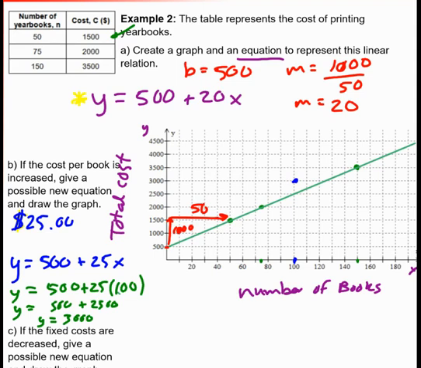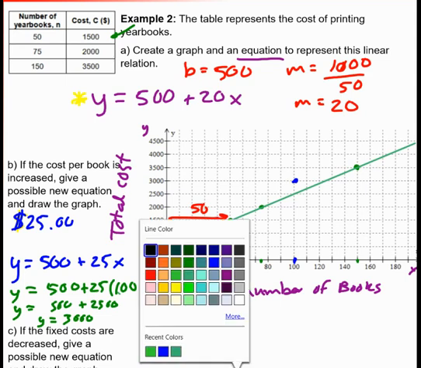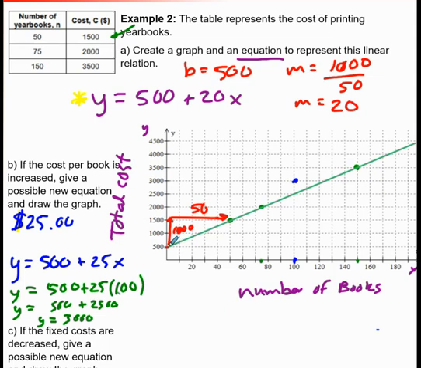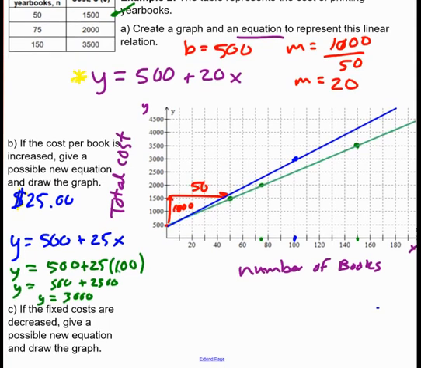We can extend it right through, a line that's blue, starting at the 500 and passing through that point. So steeper, right? Makes sense. Our rate of change is higher, so our line is steeper. And that's what we're trying to get to today, is visualizing how these changes will occur.